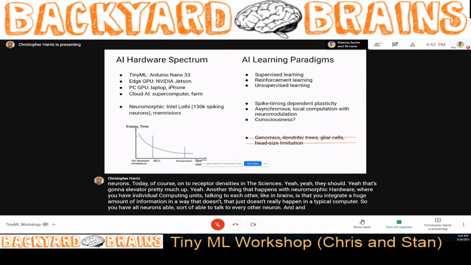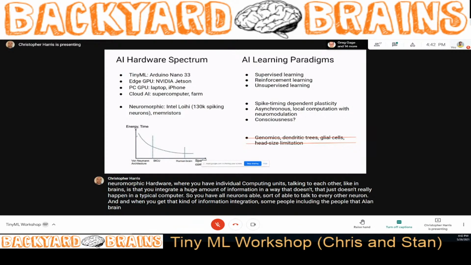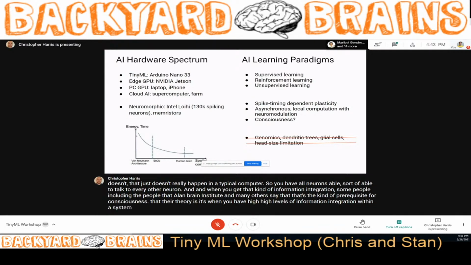And when you get that kind of information integration, some people, including the people at Allen Brain Institute and many others, say that's the prerequisite for consciousness. Their theory is that when you have high levels of information integration within a system, in a way we typically only see in brains, that's when you get consciousness.